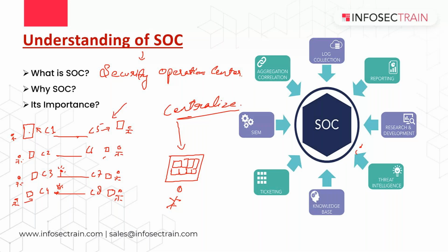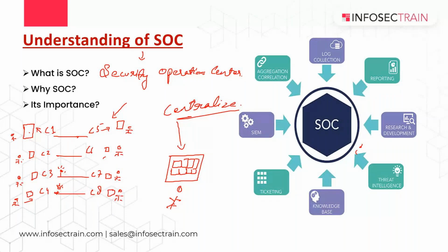So when we talk about SOC, it contains multiple things, right? That's why I mentioned the second section: quick bits into vulnerability management, incident response, threat intelligence, and threat hunting. These are part of your SOC. So that's what a SOC is.